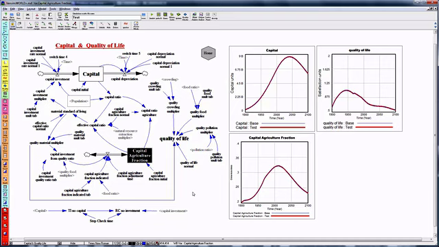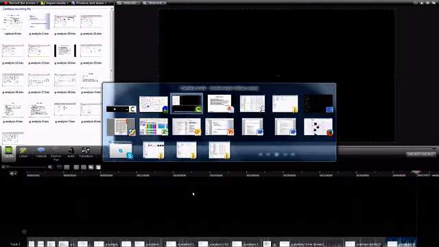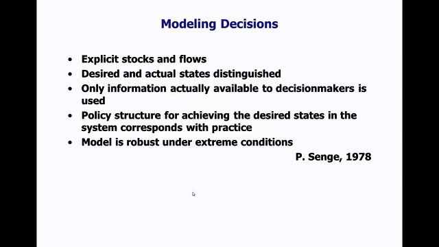So in a global model, the decisions are sometimes rather diffuse, but still there's an ideal that we would like to adhere to. And here's one statement of it from Peter Senge's thesis, which is that decisions ought to involve explicit stocks and flows. They ought to explicitly distinguish desired and actual states.